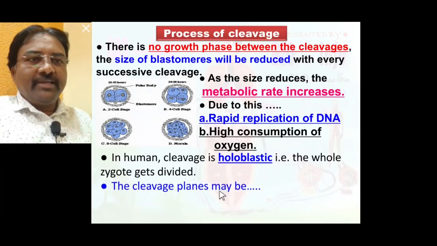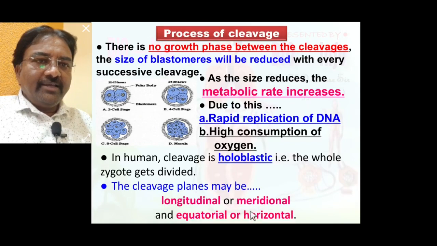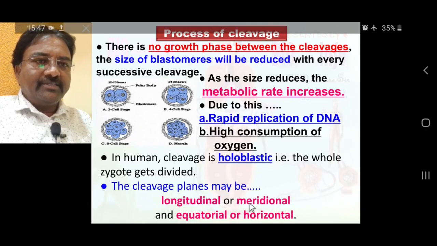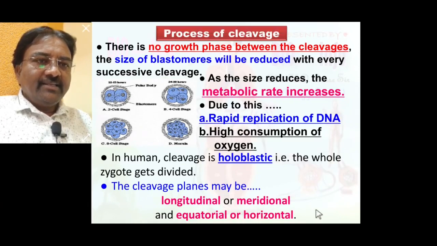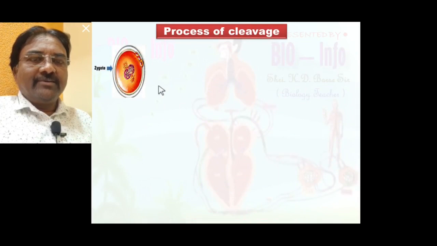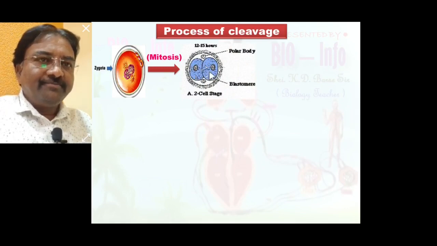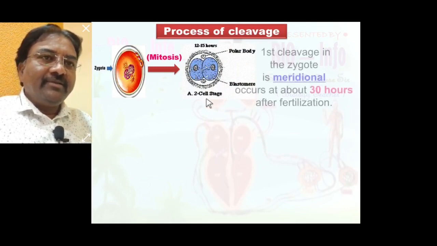The cleavage plane may be longitudinal, meridional, and equatorial or horizontal. Now, the zygote is a unicellular structure that undergoes mitosis to form the two-cell cleavage stage, and these two cells are called blastomeres.